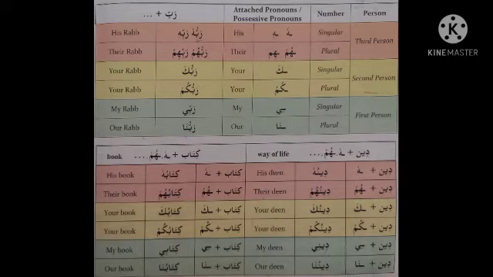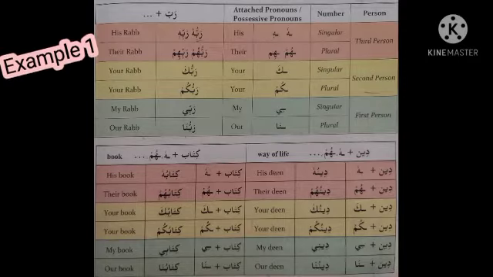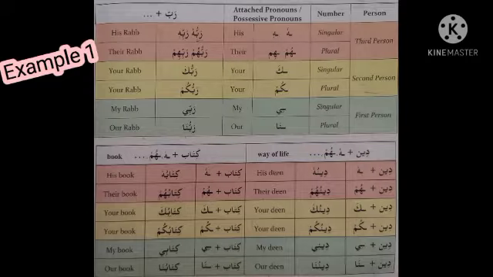In this lesson, we have 3 examples for the nouns attached to the attached pronouns. First one is the word Rabb, which we have talked about right now, which is occurring in the Holy Quran 970 times in the positions of attachments. Let's see.